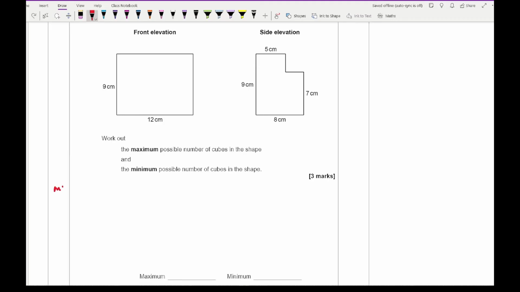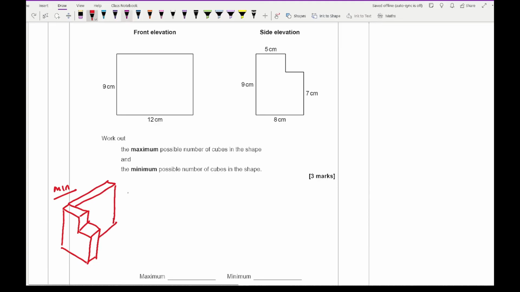So if I look at the minimum shape that this could be, it's going to look something like this, and do excuse my drawing skills, but it's going to look something like that.